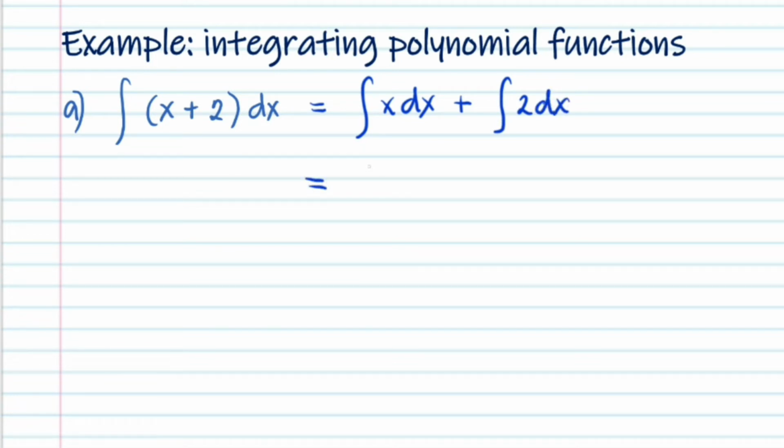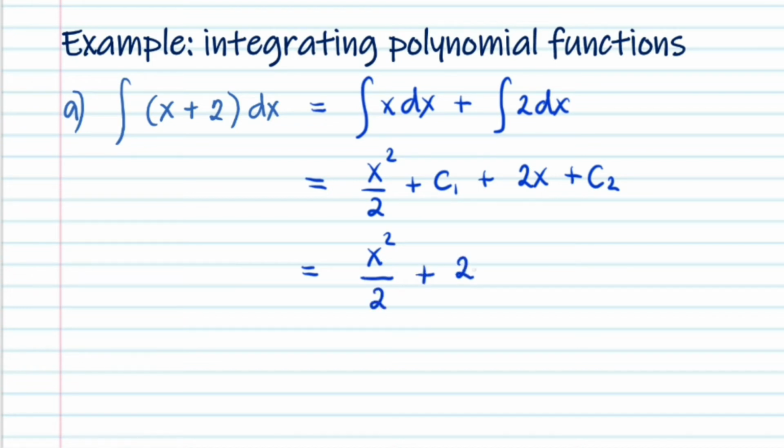So we'll have x squared over 2 plus c sub 1 plus 2x plus c sub 2. Simplifying, we'll have x squared over 2 plus 2x plus c. Note that c sub 1 plus c sub 2 is equal to c, because constant plus constant is just the same constant.